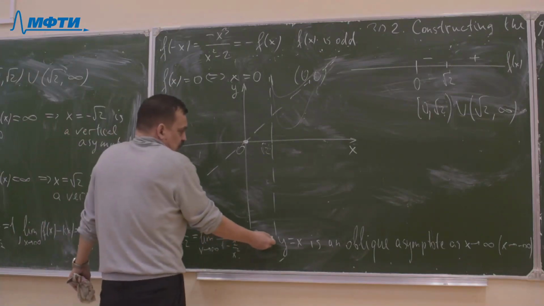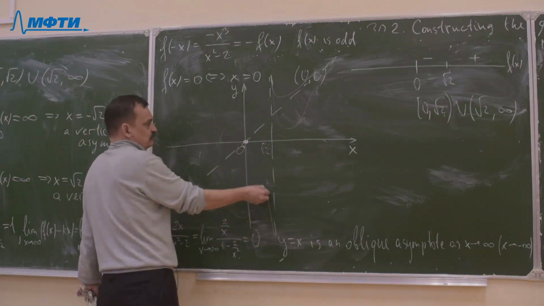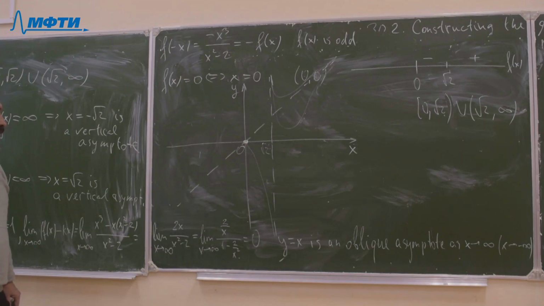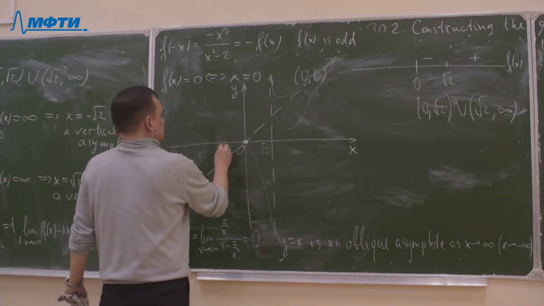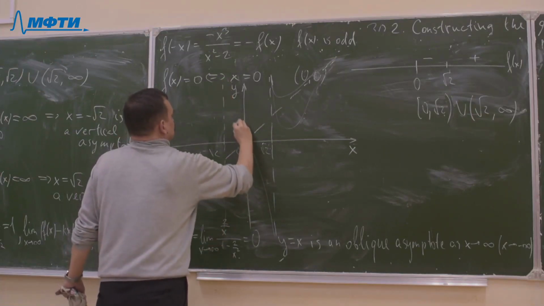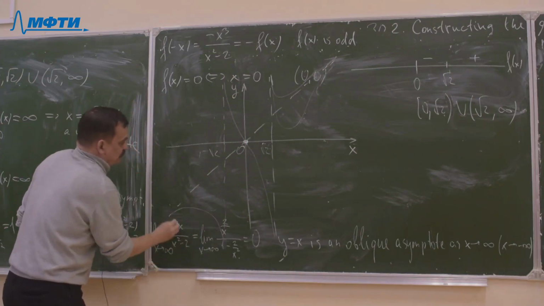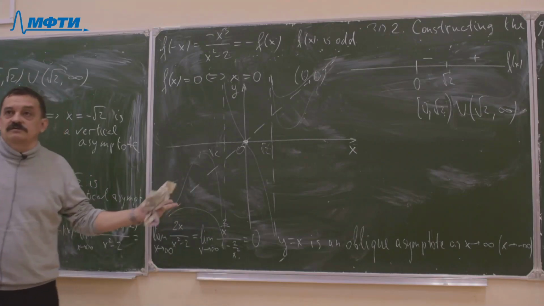And also, what we know, as x tends to square root of 2 minus 0, f of x tends to minus infinity, and somehow it comes to 0, right? And the graph should be symmetric because of oddness, right? So it means I should draw also the minus square root of 2 vertical asymptote, so the graph should be symmetric. So I don't know what happens, either that or something like that. I cannot choose between those two versions.